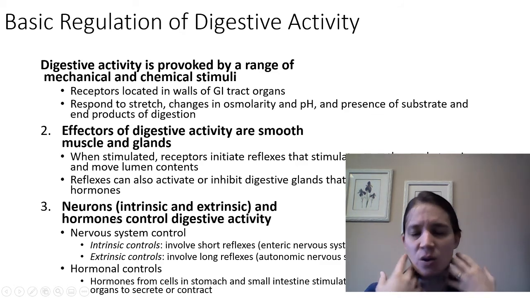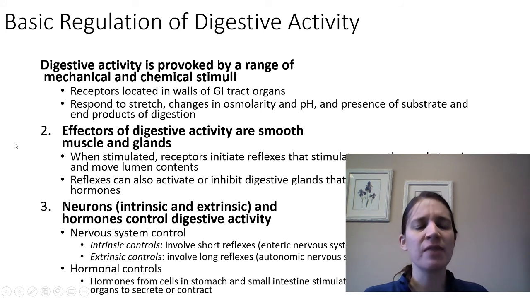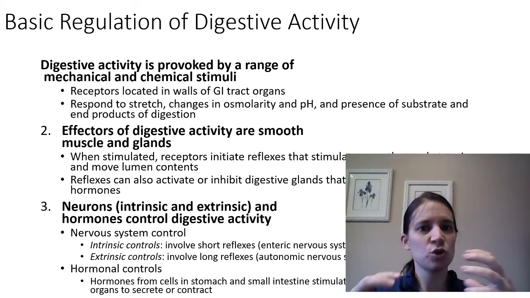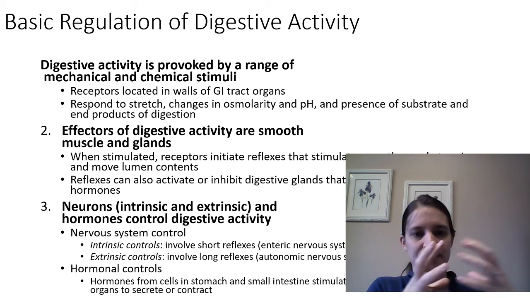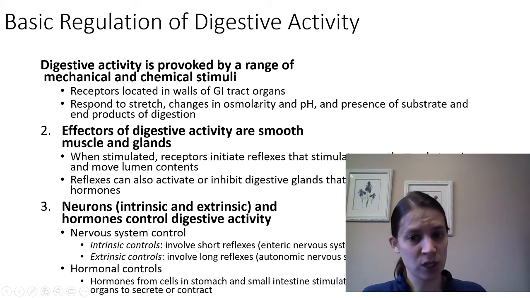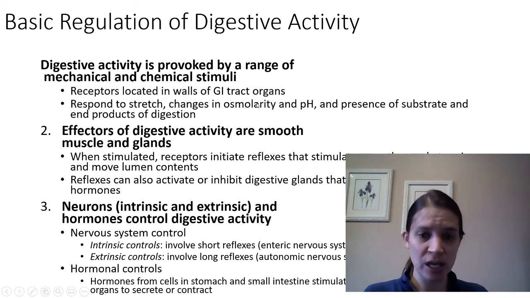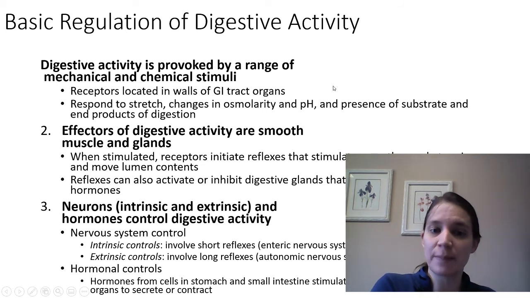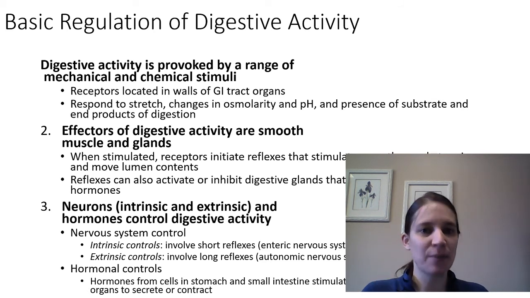They're embedded in the walls of the GI tract. And they're going to respond to things like stretch. So as your stomach gets more full, you've got receptors that can notice that, right? If the osmolarity changes, they can notice that. If the pH changes, they can notice that. If there are things like lipids, they can notice that. They can realize, like, oh hey, a moment ago there weren't lipids, now there are lipids. Something changed.